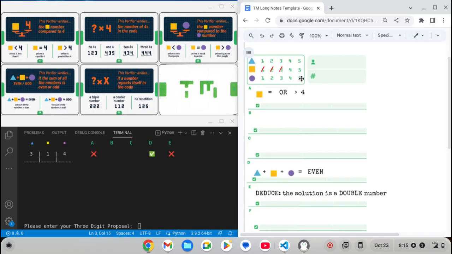We know we can't have 3 4s. If there are no 4s, then we know it's got to be 2 odds and a 2. So let's see. If triangle were 2, I guess you could have 2 4 4 or 2 5 5.